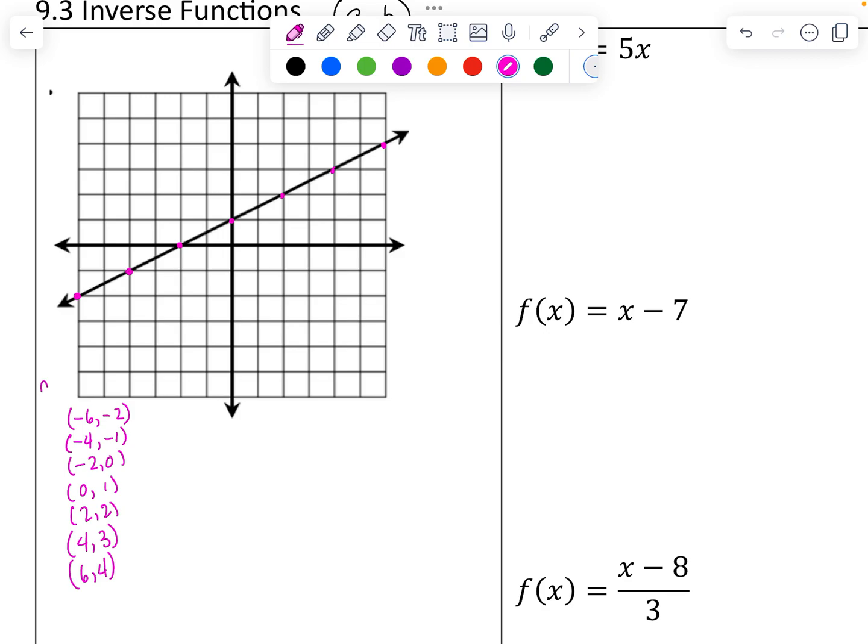So if those are on the function f of x, then the inverse function, which we would name f to the -1 of x, would have the points (-2, -6), (-1, -4), (0, -2), (1, 0), (2, 2), (3, 4), (4, 6).